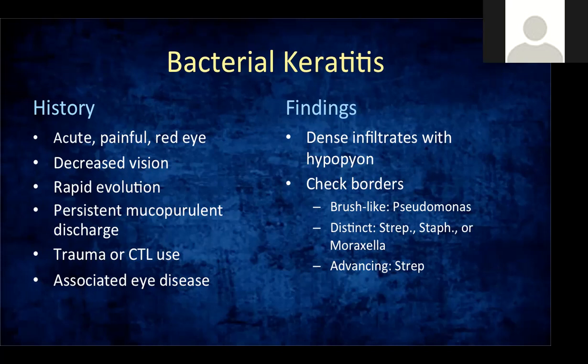So for brush-like borders of the ulcer, we might think it's Pseudomonas. For more distinct borders, we think of staph, strep or Moraxella. For advancing borders, meaning as the days go by, lumalaki ng lumalaki and nakikita mo na nag-advancing borders, these are typically your strep infections.